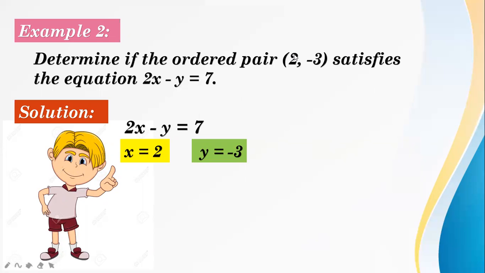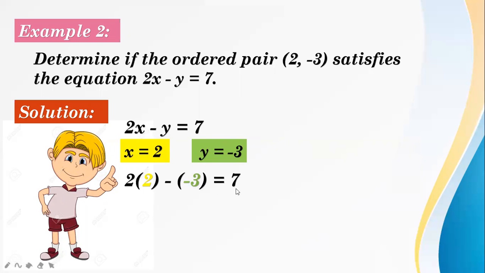Again, the first value, they call it the x-axis, so that will be your x value. And the second value, they call it the y-axis or y value, so the y value is negative 3. Then you substitute: x changes to positive 2, and negative y, your y is negative 3.